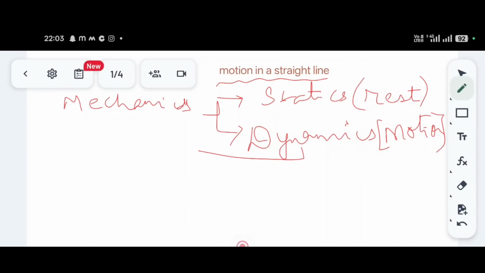Again, dynamics is divided into two, that is kinematics and kinetics.